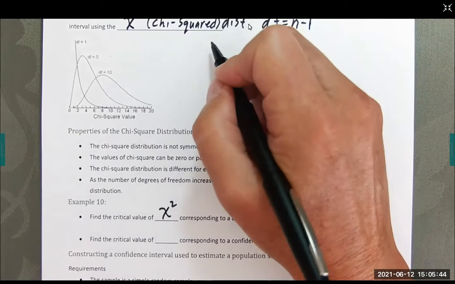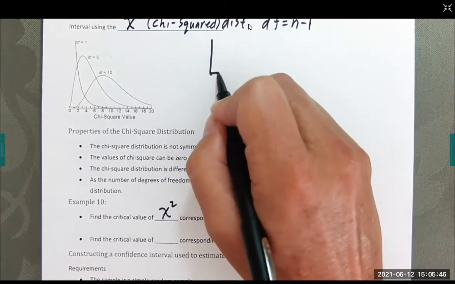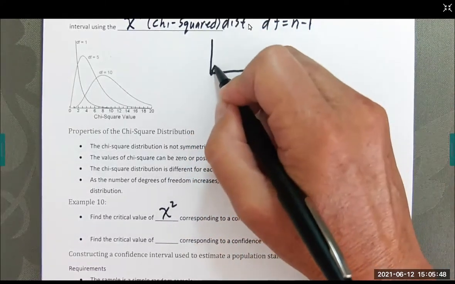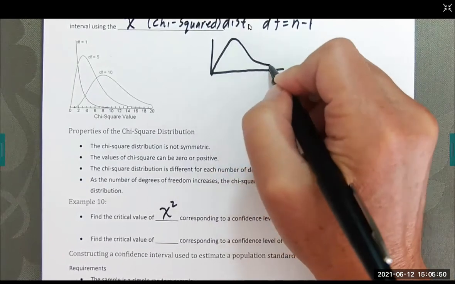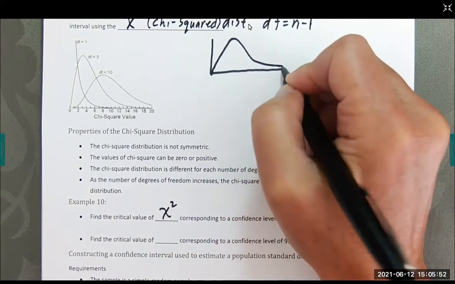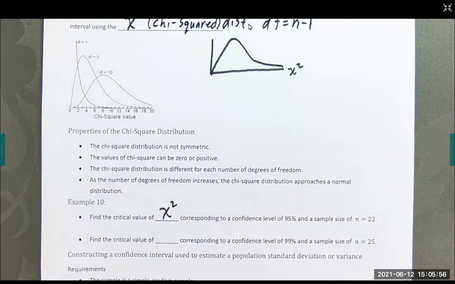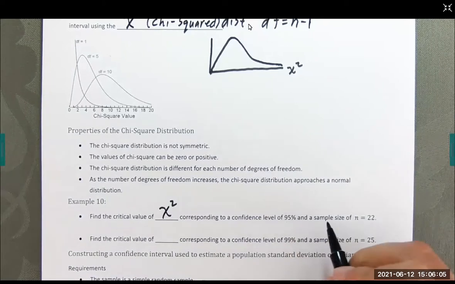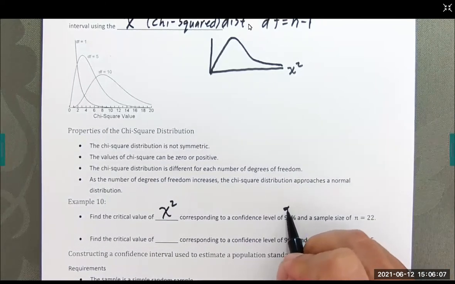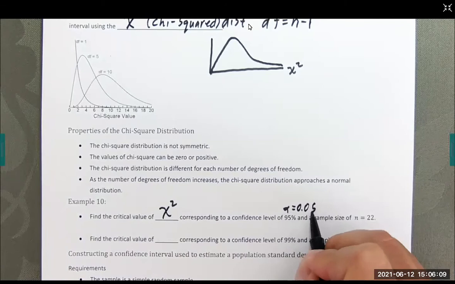And I want to draw the distribution. Okay, often skewed right. Here's our chi-squared. And we are actually going to have 2. So 95% is our confidence level. That means alpha is 0.05.